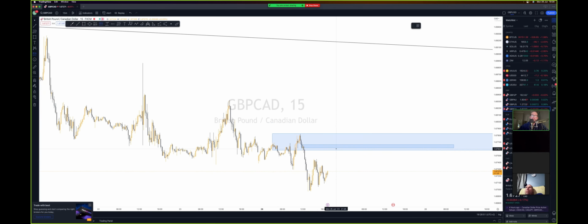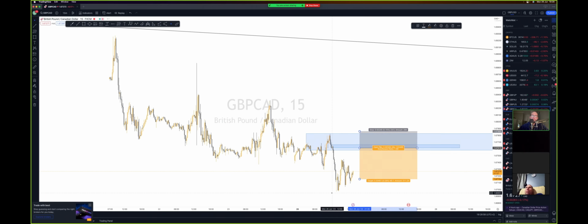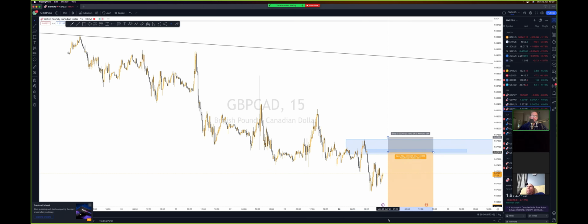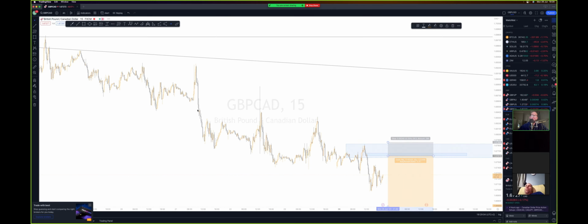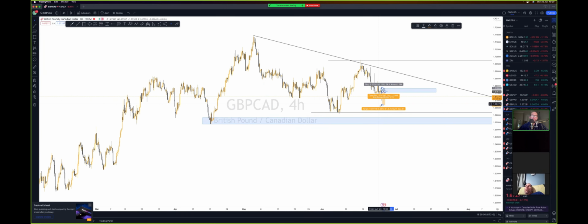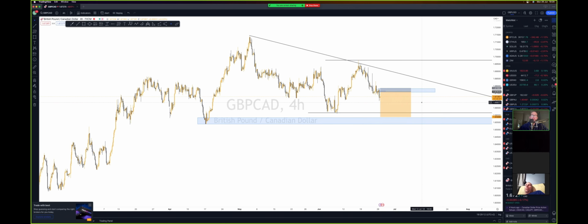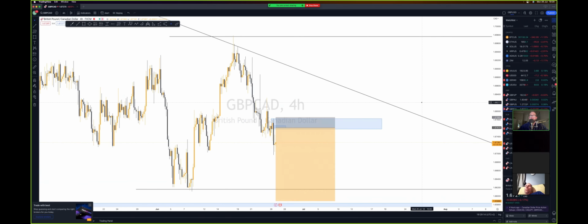Okay, so GBP CAD, I would look at something like this. And then we can obviously target those high time frame swing areas. So that's also 127. That looks good to me.